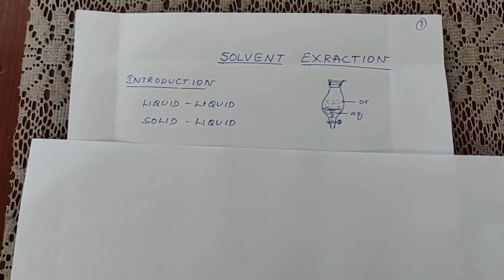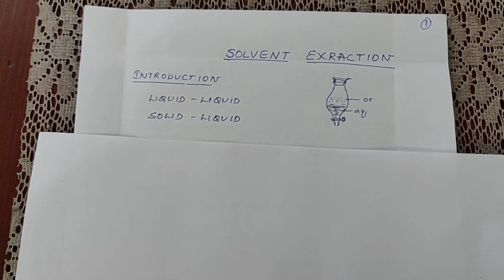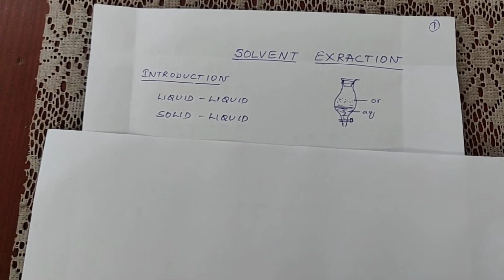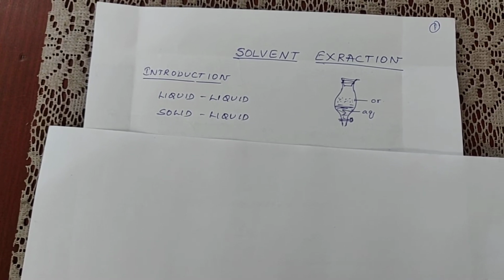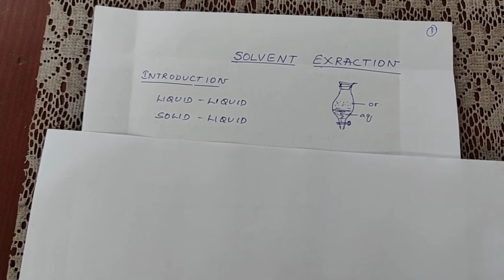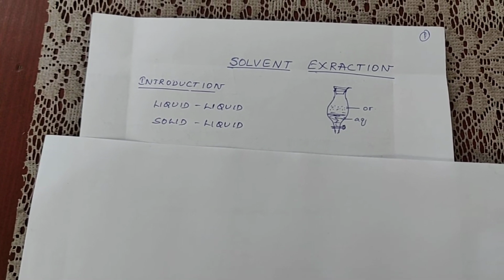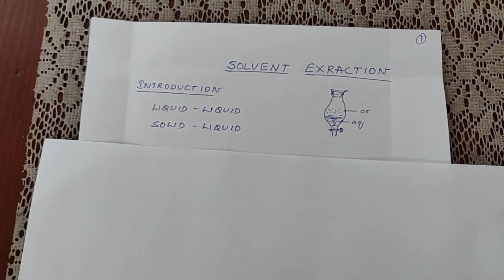You use hot water and add tea leaves or coffee powder to it. From the solid particles you get the required constituent extracted into hot water. This is called solid liquid extraction.